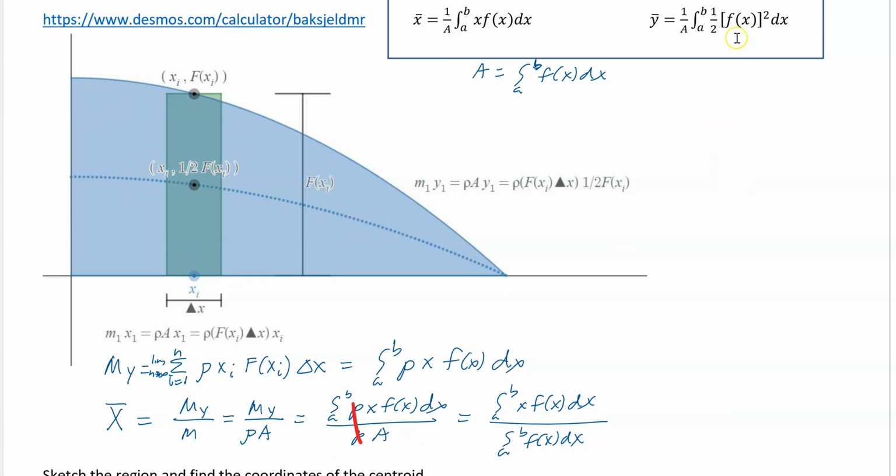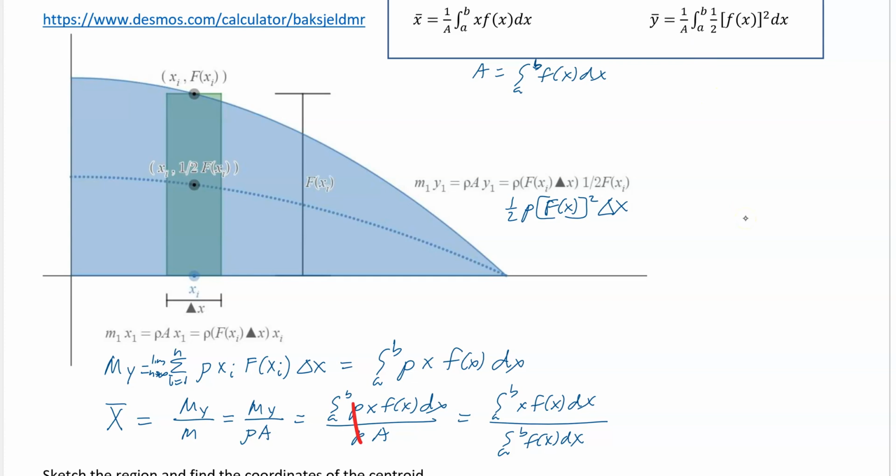Okay, so we can apply that same situation over here. You can see we have f of x and f of x. So what this is going to become is rho with a 1/2, and then f of x squared dx. And if we apply the exact same thing, the sum with the limit and the integral, the rhos are still going to cancel, and so we're going to end up with this.